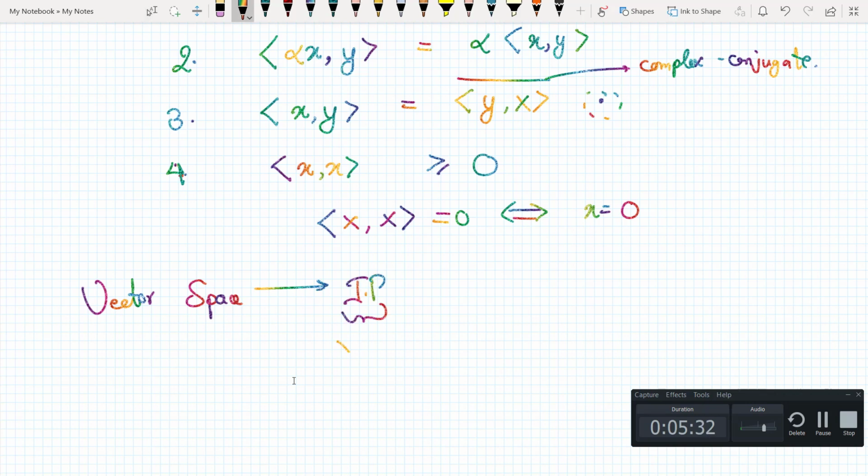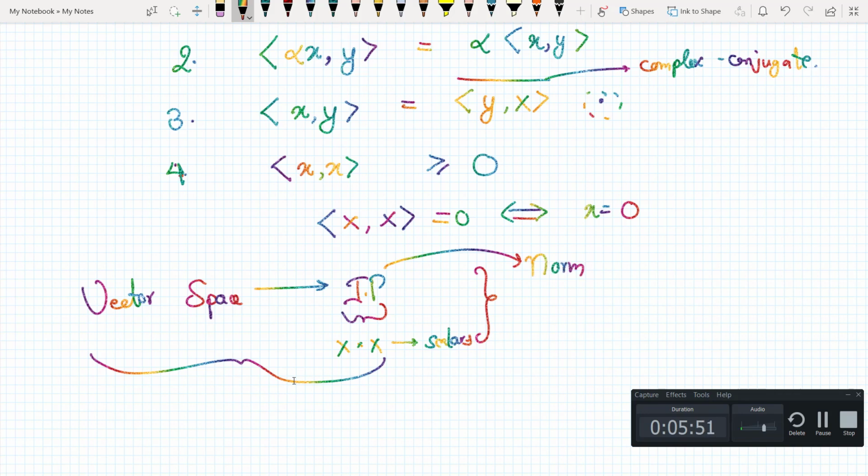This inner product was a mapping from x cross x to scalars. And now I take these two things, and based upon these, I say that with the help of an inner product, the norm is defined.